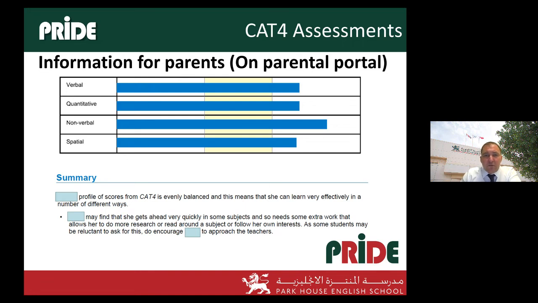Now, to read this report, the yellow bit is what we say is the average. I'm not massively keen on the word average. I don't know if it's the right word, so I sometimes replace this with expected. So the yellow band is expected.